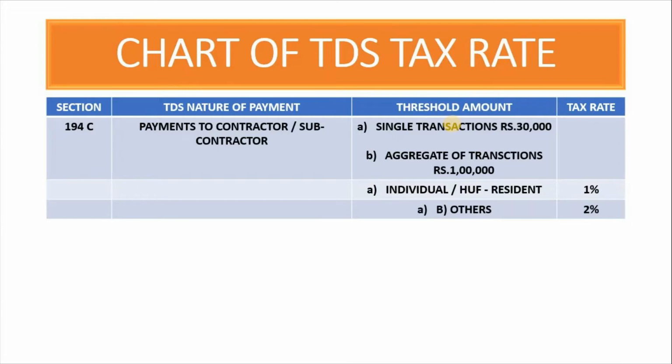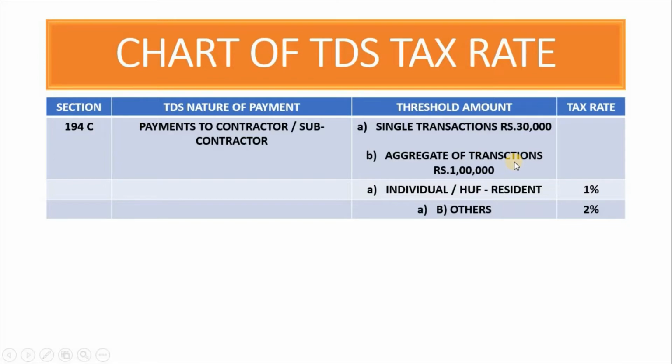The threshold amount differs between single transaction and aggregate of transaction, but the tax rate is the same for both: individual HUF resident 1%, others 2%.